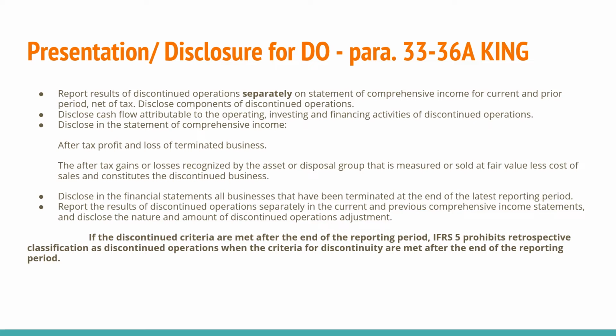Paragraph 35: adjustments in the current period to amounts previously presented in discontinued operations that are directly related to the disposal of a discontinued operation in a prior period shall be classified separately in discontinued operations. The nature and amount of such adjustments shall be disclosed.